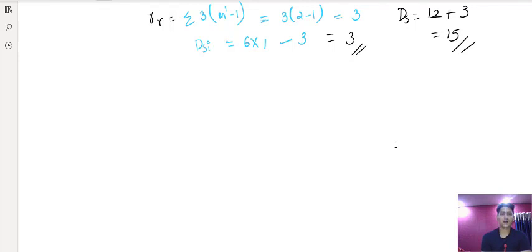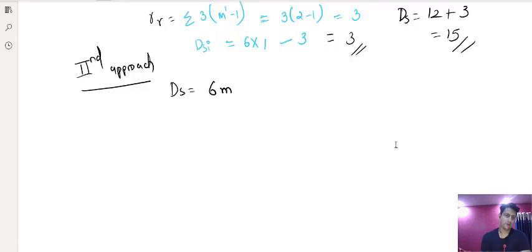Now the second approach was the direct formula, which you can write down. The value of DS was based on the formula 6 times the number of members plus RE minus 6 times J minus RR.